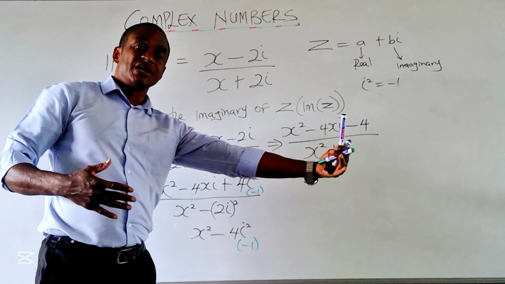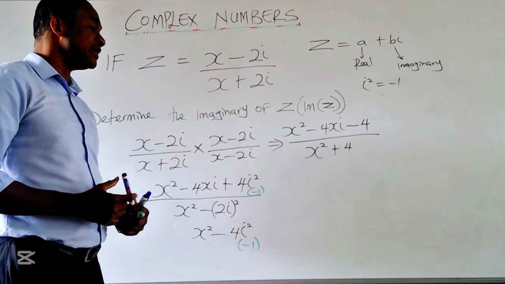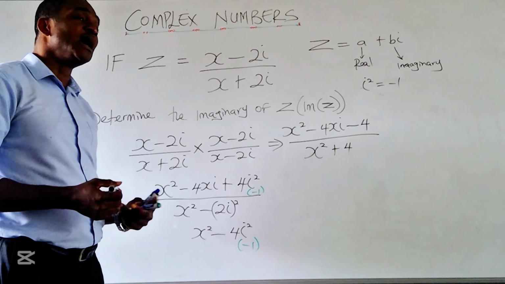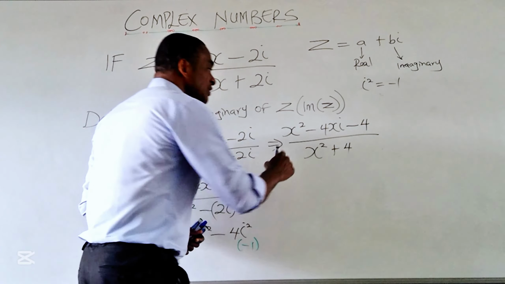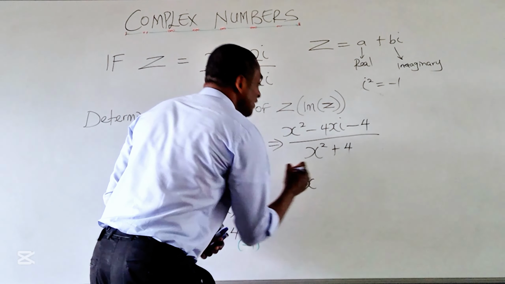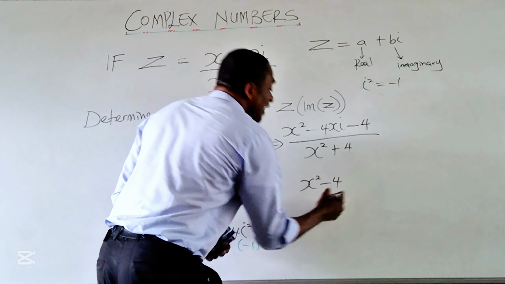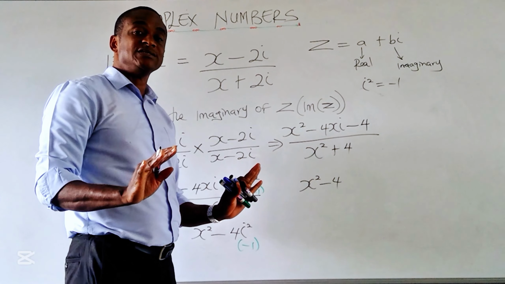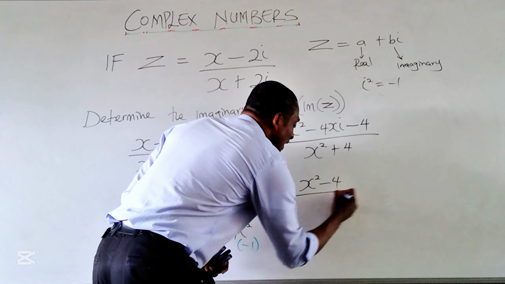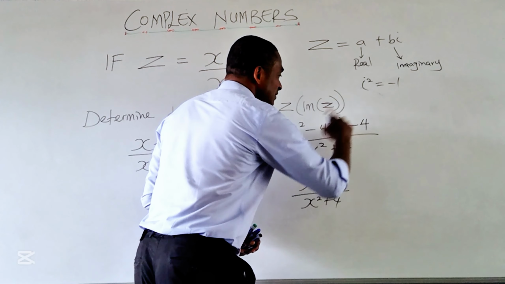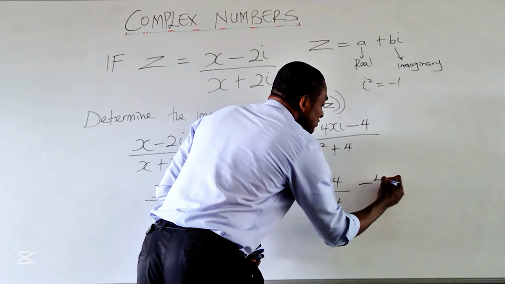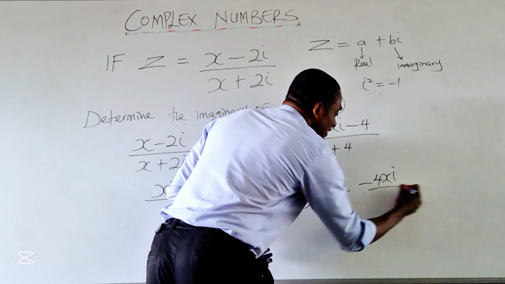What do we do? We take the imaginary to imaginary, and keep the real to real. The imaginary are the ones that have i in them, and the denominator, both of them will share. So here we have x squared minus 4, which has no imaginary elements in it. We allocate the denominator to it. Then we have minus 4xi as our imaginary.